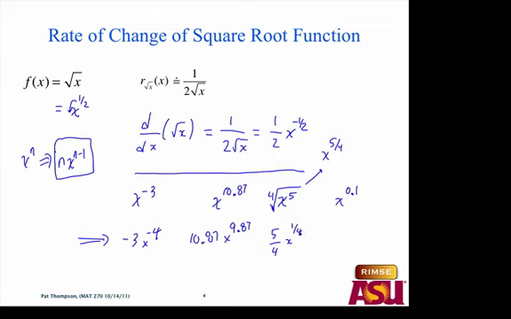That's it. John Paul, last one. x to the negative 0.9. Okay, do these make sense? Yep. Okay.